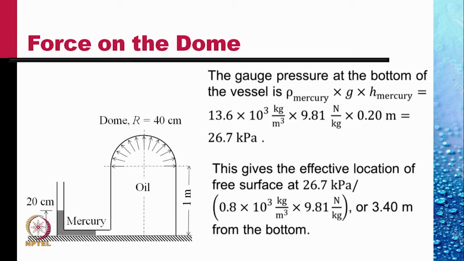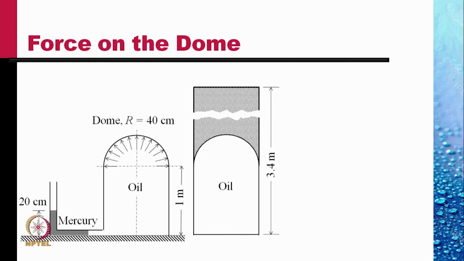So the pressure variation in this vessel is equal to the pressure variation in an open tank in which the oil is standing up to a height of 3.40 meters. That is, the pressure variations within the tank are as if the free surface of oil is up to 3.4 meters from the bottom.